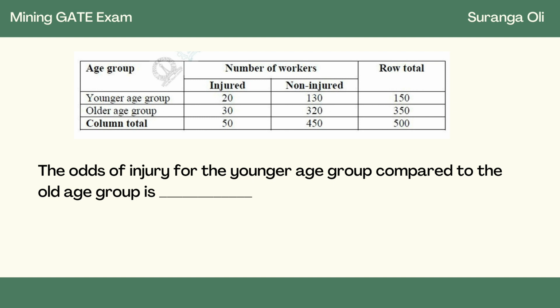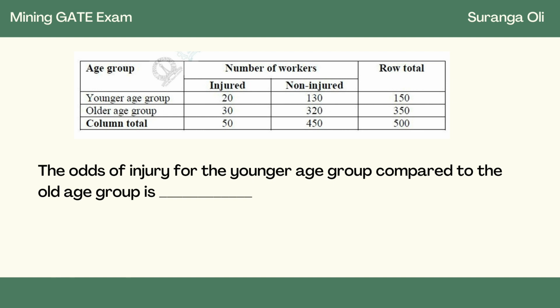So the total number of persons employed in the older age group is 350. So in total in the mines, the total number of persons injured are 50, 450 persons are non-injured, and the combination of both younger and older age group, 500 persons, are employed in the mines.